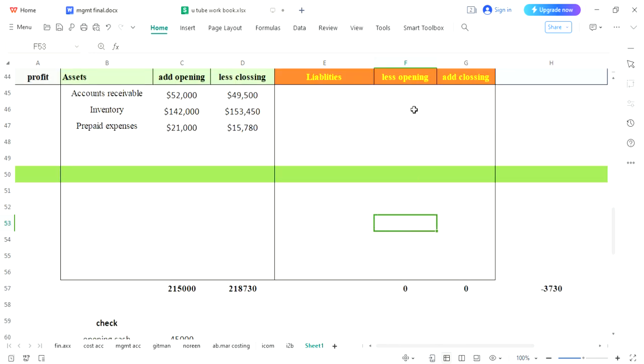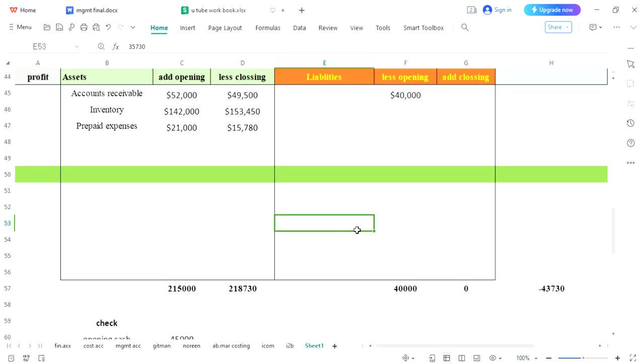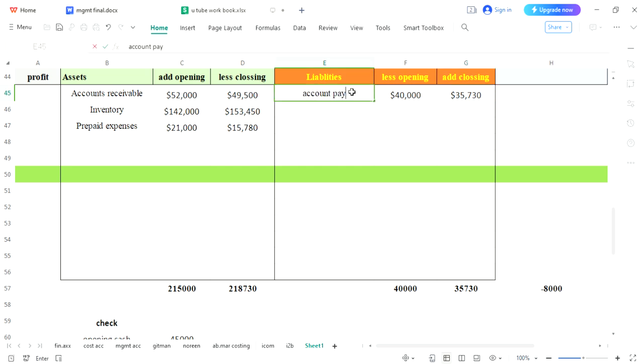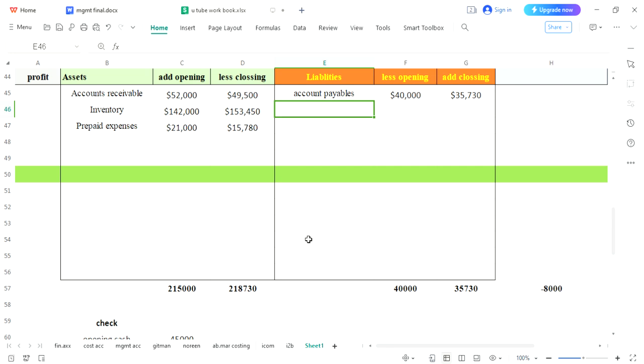We are putting this 40,000 over here, and we have our closing current liability, picking it up over here and writing the amount to its proper place. These were account payables. Alright guys, now you can see that all current assets and current liabilities have been posted to their original place.